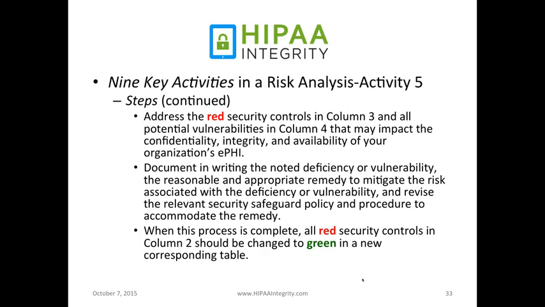That's what you've identified here. You're going to document in writing those deficiencies and vulnerabilities, and look at how you may revise those to accommodate a remedy. When this process is complete, when you've gathered all the information, you're going to change all those red security controls in column 2 to green in a new corresponding table.